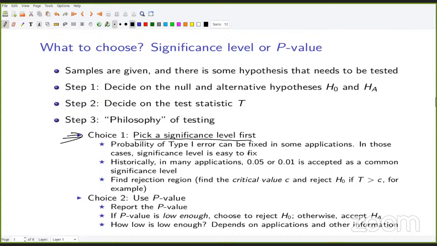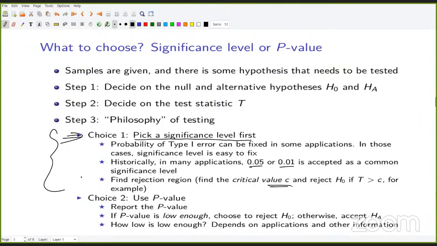Usually we use 0.05 and 0.01 as the significance level. If we fix that, we find the critical value C, then the rejection region. Finally we reject H naught if your test statistic value is greater than C, and accept H naught if it is less than or equal to C. That is what we do in the first choice.